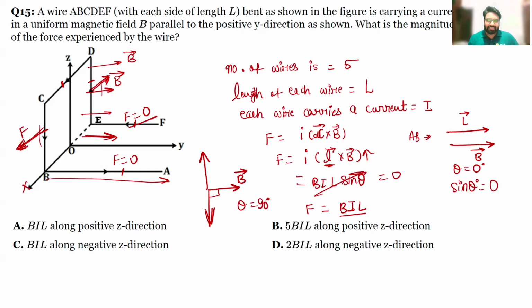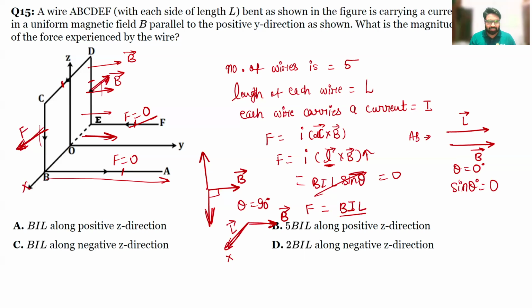So the only wire that is remaining here is CD, which means it will only contribute to the force. CD has a length vector in this direction, and the magnetic field is in the positive y direction. This is the X direction and this is the length vector. So L cross B is pointing upward.